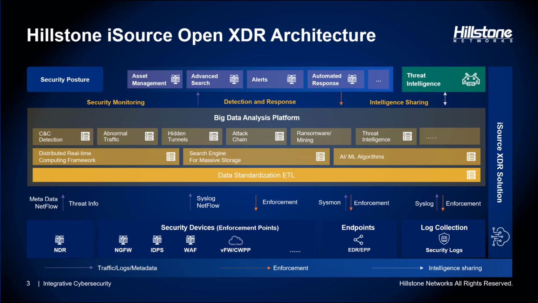This response can be sent directly to Hillstone or third-party enforcement points like firewalls and endpoints through API or standard protocol. So from data ingestion to detection and response, iSource gives you an end-to-end, closed-loop security operation that can scale with your environment.